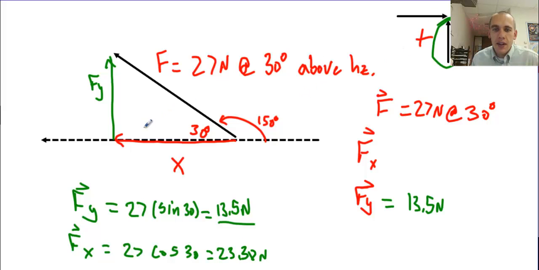But that would imply that this is actually being pushed to the right, and it's not. So if I drew my picture, I can just go ahead and say that this is negative 23.38 newtons, which is why you should always draw your picture of what's going on.